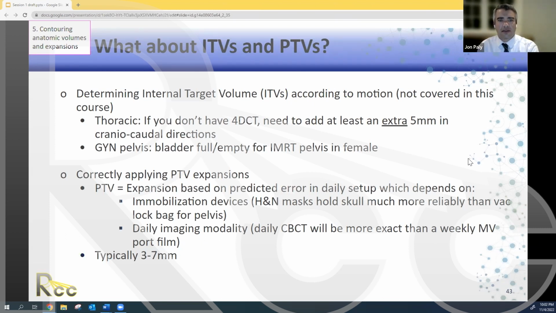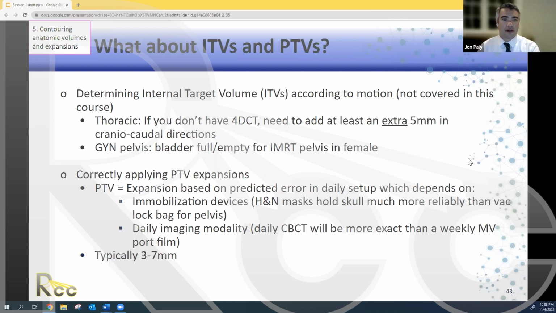In the thorax, typically we'll like to use a 4D CT to capture motion, as we showed before. But if we don't have that, that's okay. A lot of places don't have that. You can still treat well without it, but just need to be mindful that you're treating at least an extra 5 millimeters in the craniocaudal or superior inferior directions in the lung to allow for predicted respiratory motion.